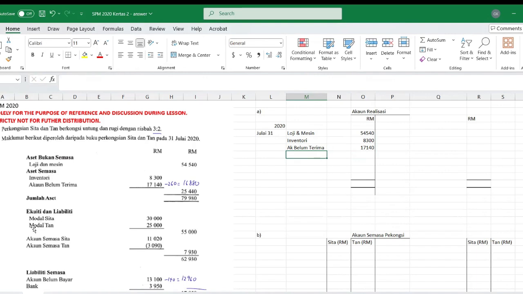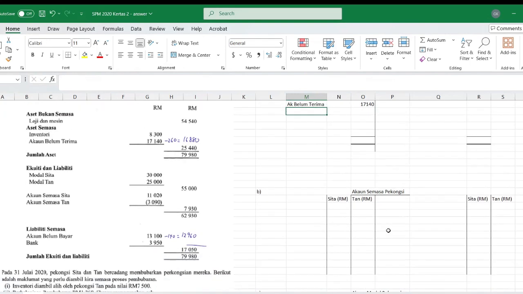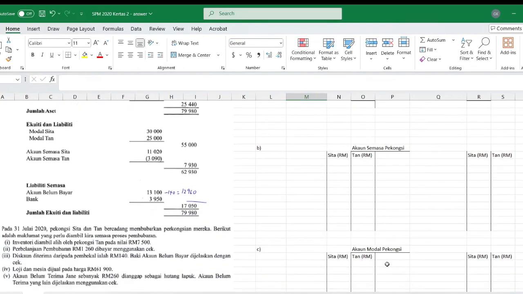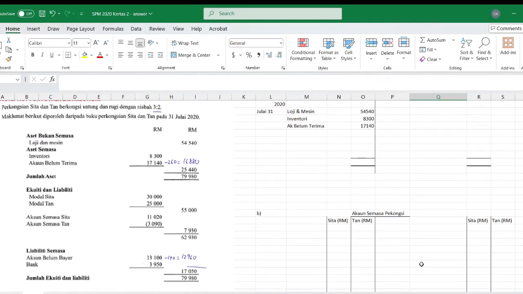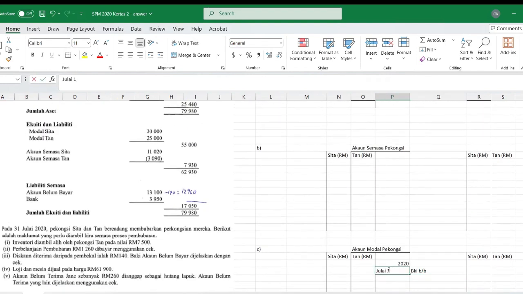Account modal Sita, account modal Tan. Account modal Sita, account modal Tan is baki bawah-bawah on the credit side. 31st July. SITA is 30,000.